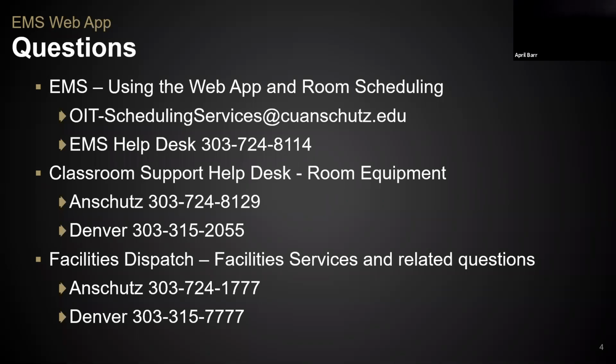If you have questions about equipment in a room or there is a problem with equipment in a room, you can call the Classroom Support Help Desk for Anschutz or for Denver. If you have questions about facilities services, billing, invoicing, or logistics, you can call Facilities Dispatch for Anschutz or for Denver.